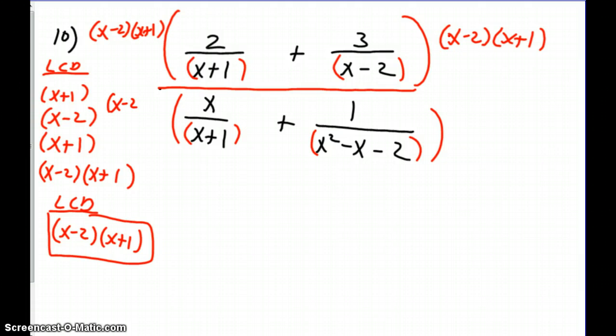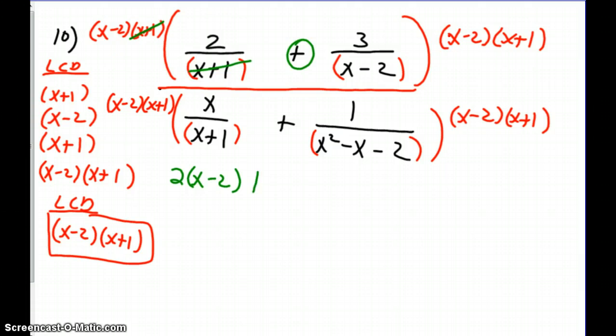When you do this on the first fraction, the x plus 1's cancel. We have 2 times x minus 2, plus the second fraction, 3 times x plus 1.